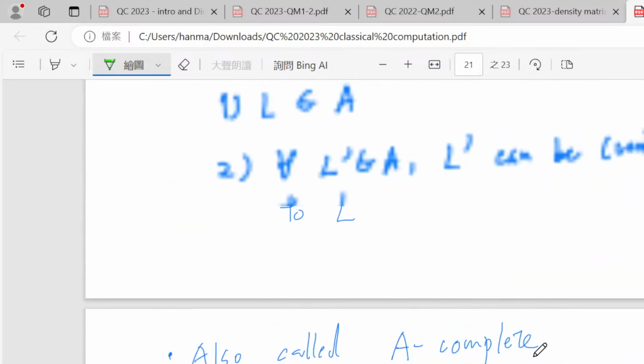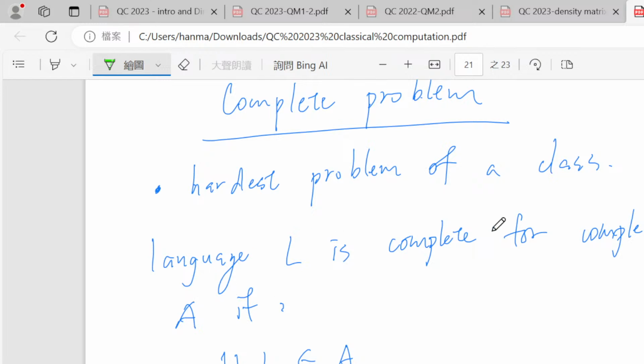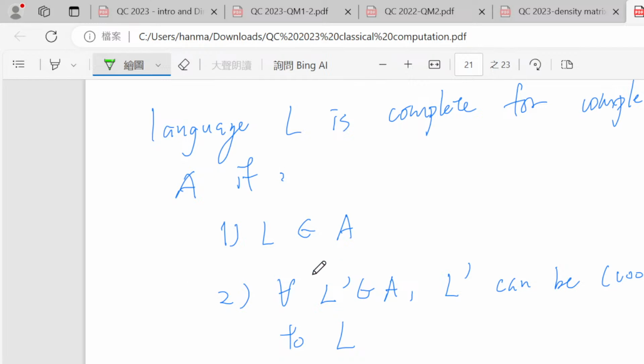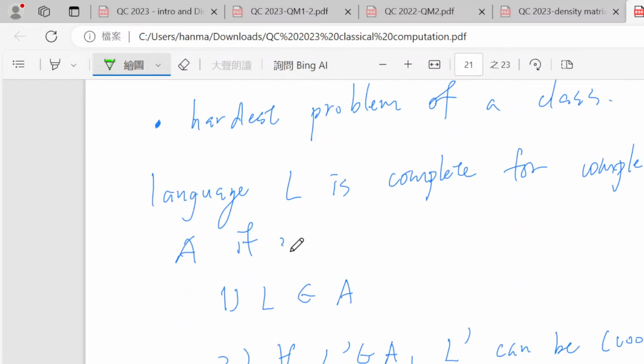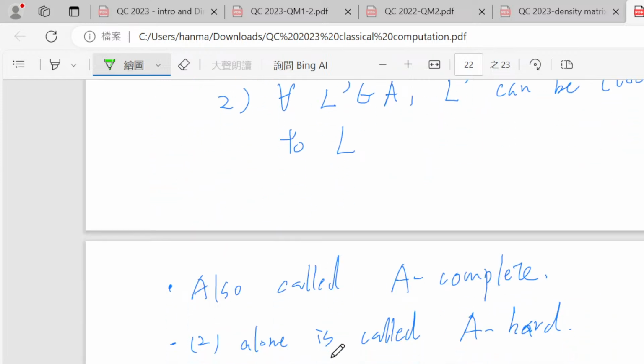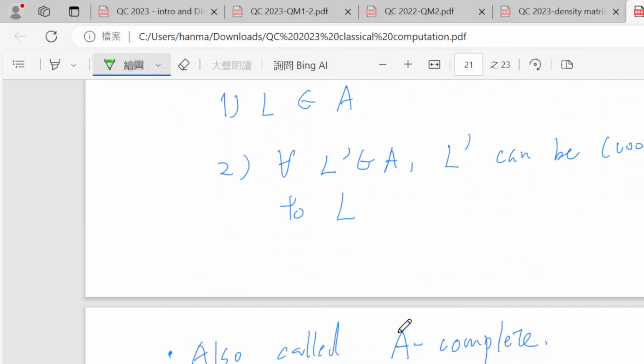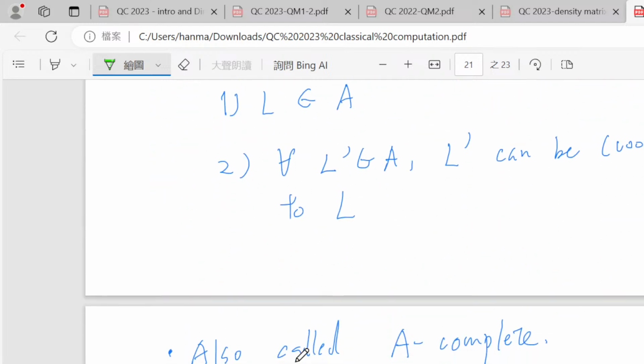So we have some language L, and we say it's complete for class A if there are really two things. L must be inside A, and L is harder than everything in A, meaning that whatever L prime in A, L prime can be reduced to L. In that case, we call L A complete.